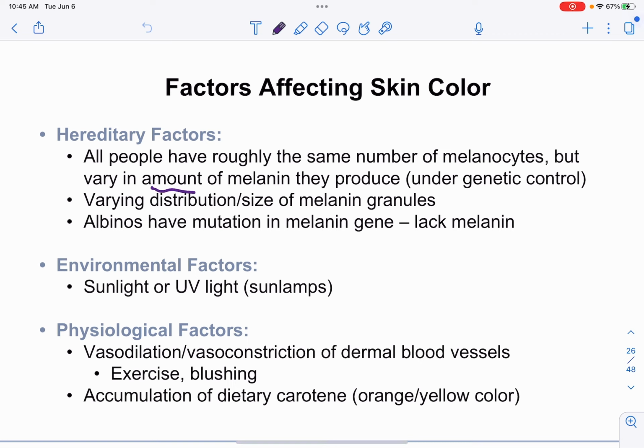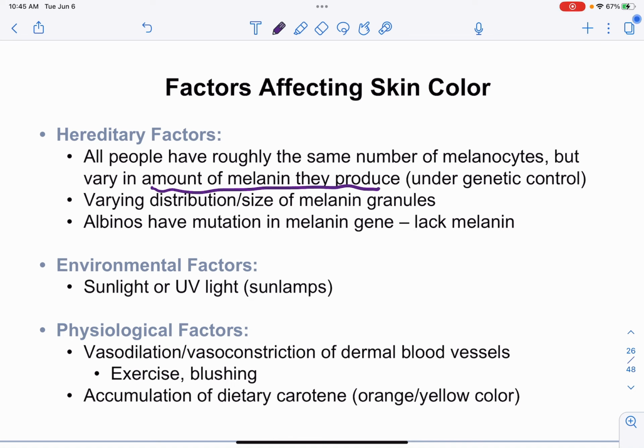So it is the amount of melanin that is produced that changes between individuals. And not only that, but melanin is packaged in granules. So the size and distribution of these granules can actually change.